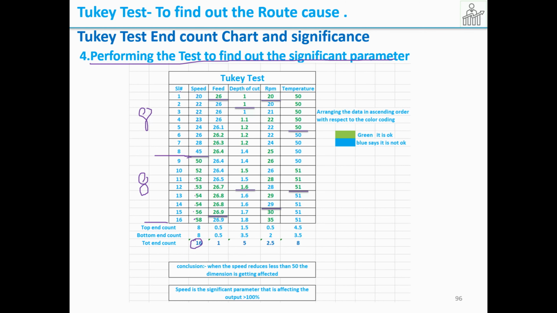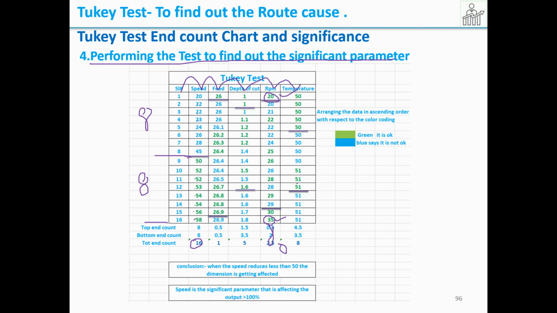In the same way, we'll perform the two key test for all the parameters. In this case, the top extreme lowercase is found okay, and the bottom extreme lowercase is also found okay. This shall be 0. In this case, there is a variation.